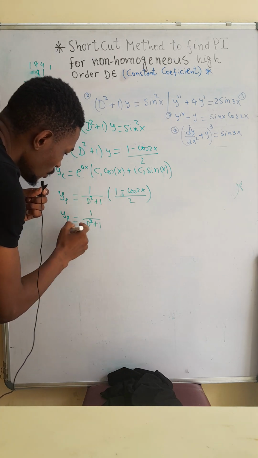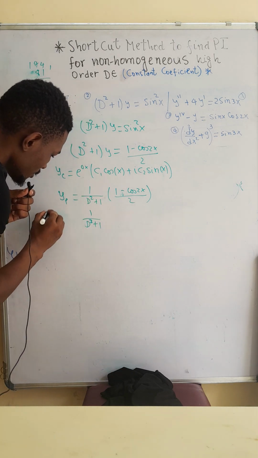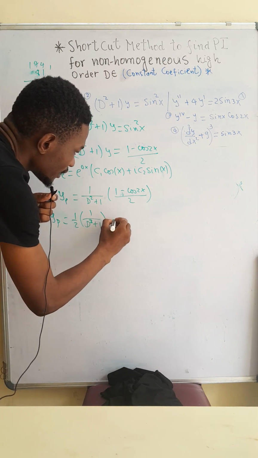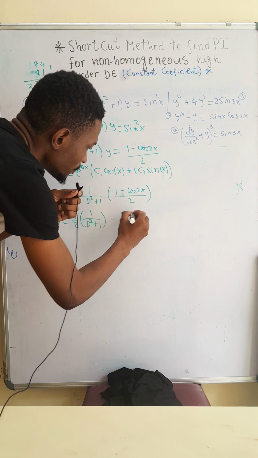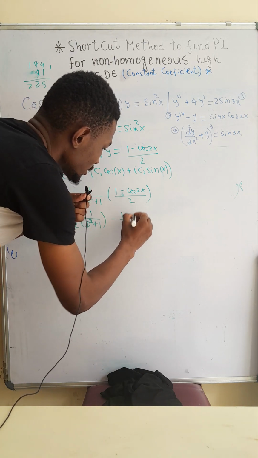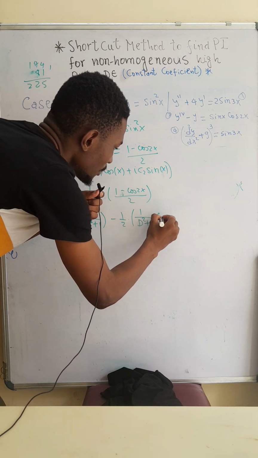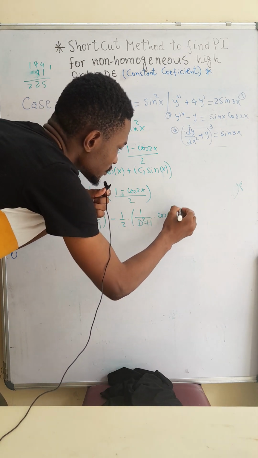And 1 by 2 can be written, yp is 1 by 2, and for the second, minus 1 by 2, and then I will get 1 upon d squared plus 1 times cosine of 2x.